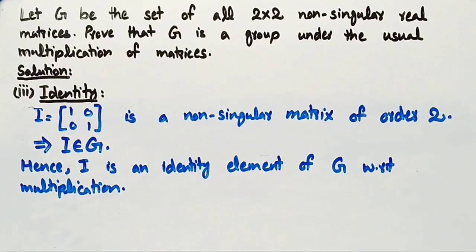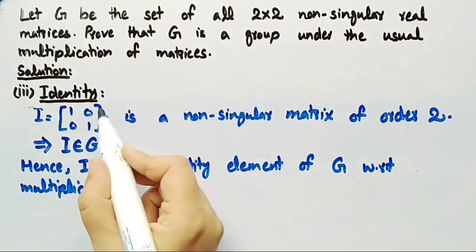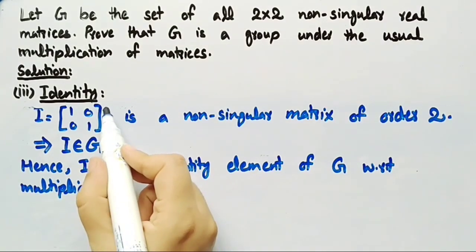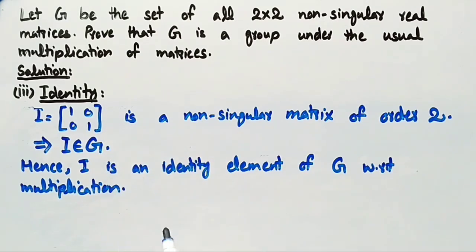As the existence of identity element has been proven, the third axiom of group is also satisfied.